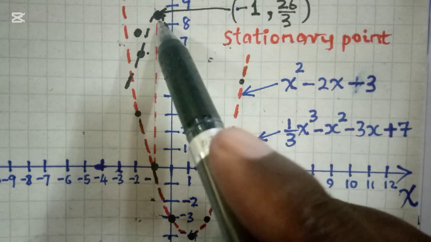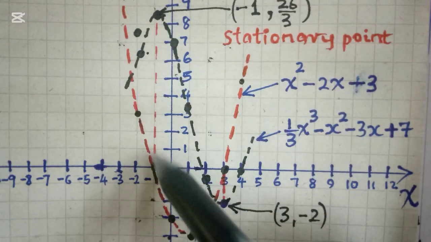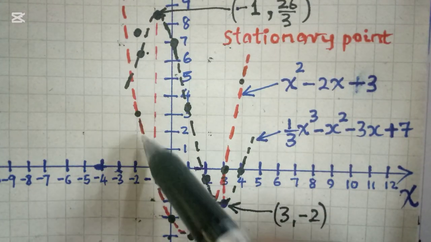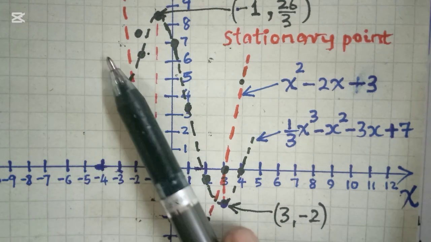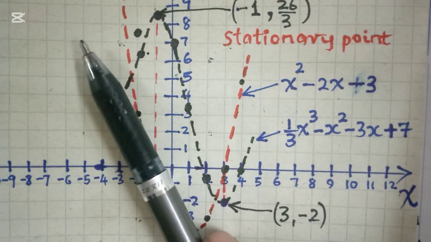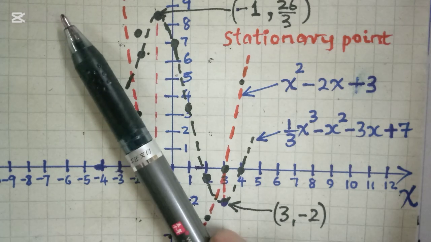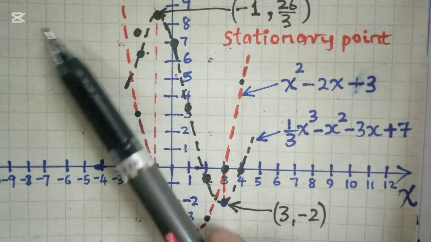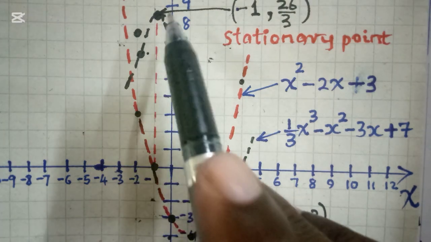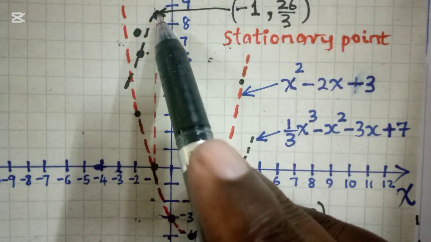Going to the other point, if we were to differentiate this first derivative line, you can see the line is inclined this way, and the derivative of such a line is negative, and that's why this one becomes a maximum point.